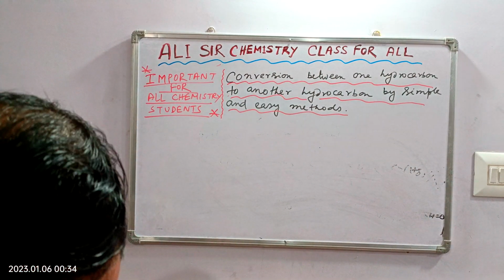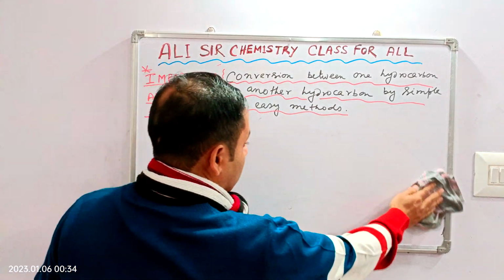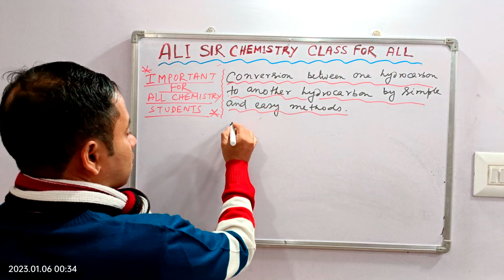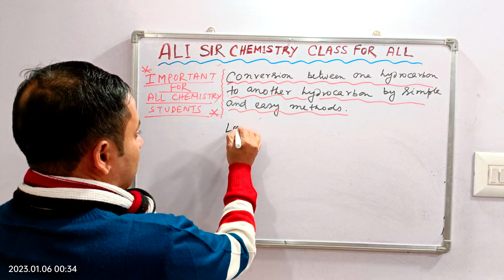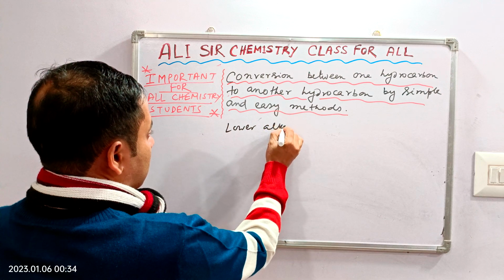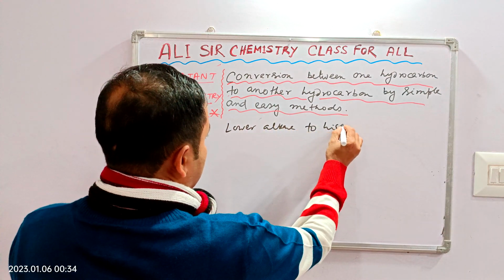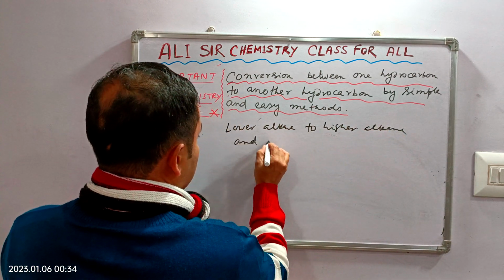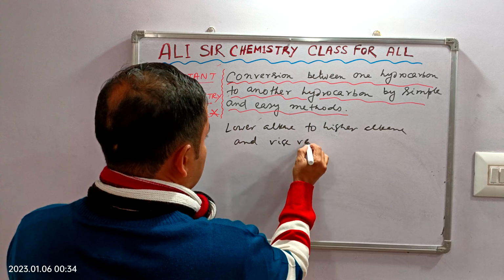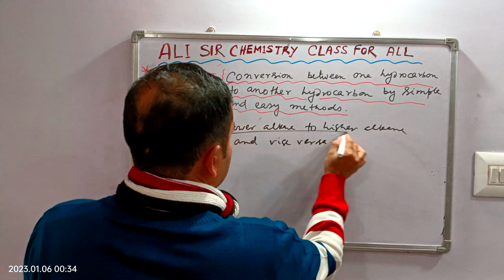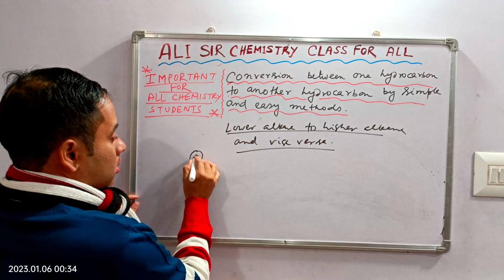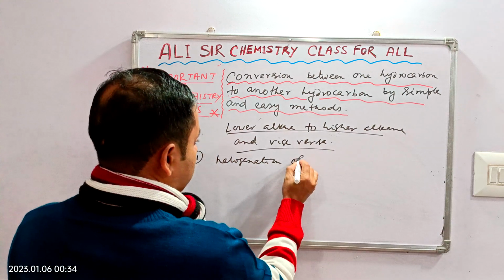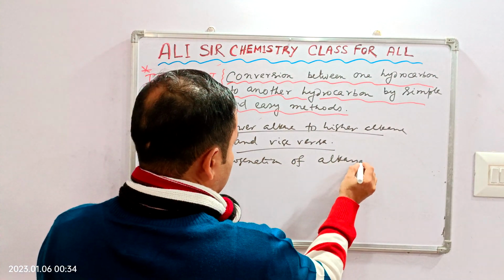So what types of reactions do we have to remember for this conversion? I am writing again: lower alkane to higher alkane and vice versa. First one is halogenation of alkanes.